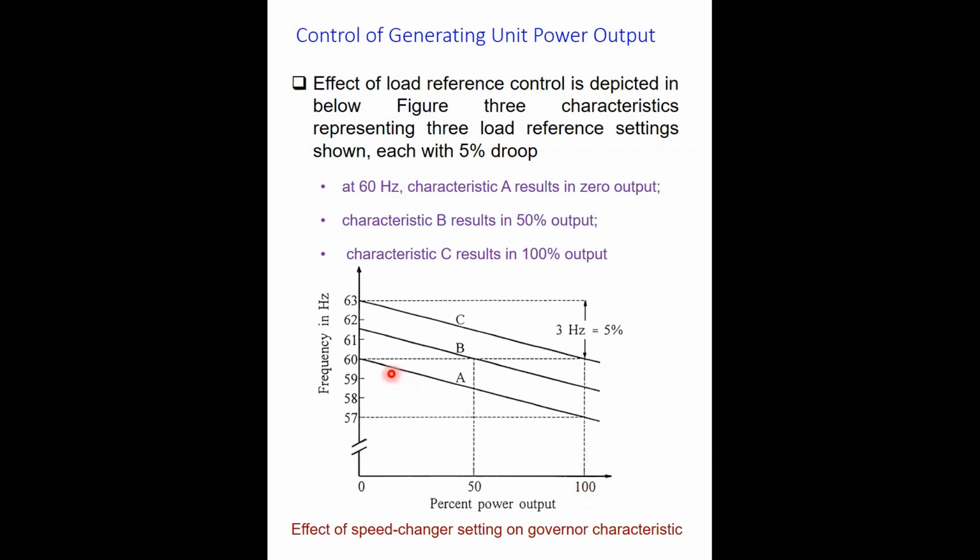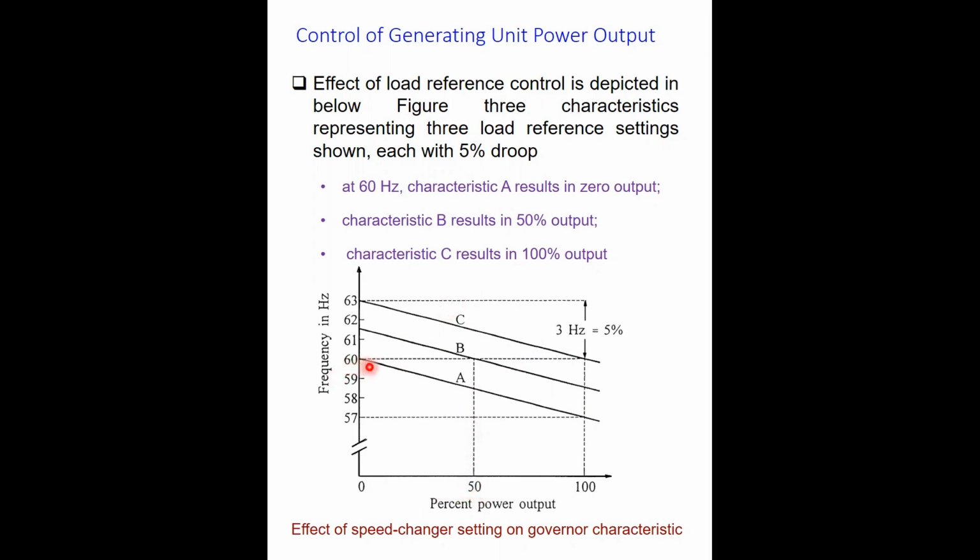So what we basically observe is that there is a shift in the characteristic, which is in parallel, because we have considered that the slope of the characteristic is constant, it is 5% droop. But each of these characteristics corresponds to how much change in the power it should have.